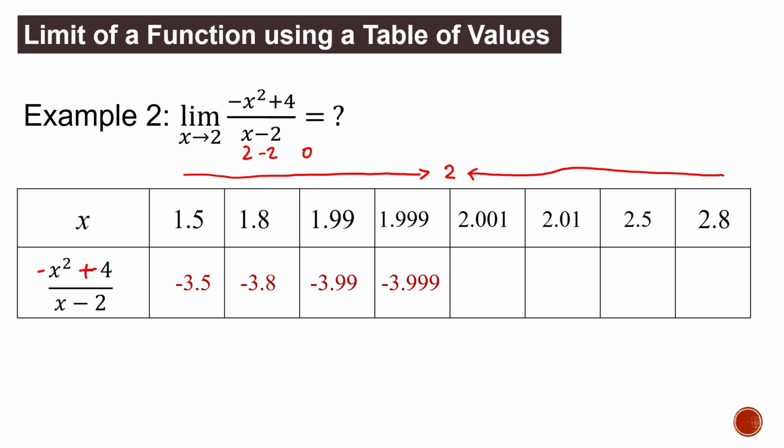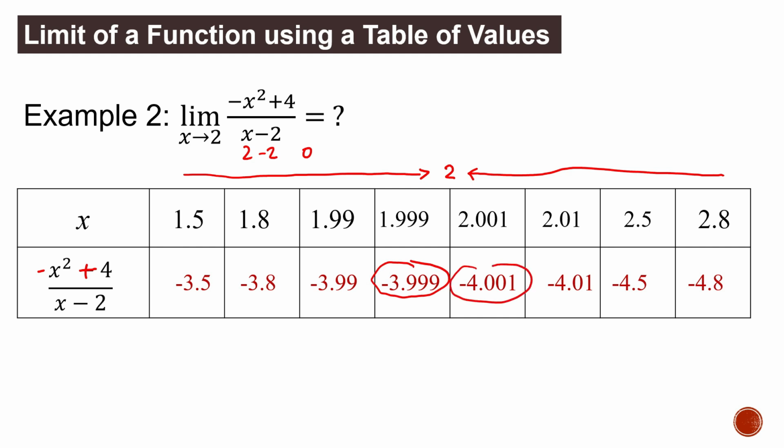Okay, you may check out the answers here using your calculator. Now, if you use the numbers on the right side, 2.001, or 2.8, 2.5, etc., etc. Those numbers are approaching positive 2. They will be negative 4.001, negative 4.01, etc., etc. Now, as you can clearly see here, all you need to do is just look at these two numbers right here.